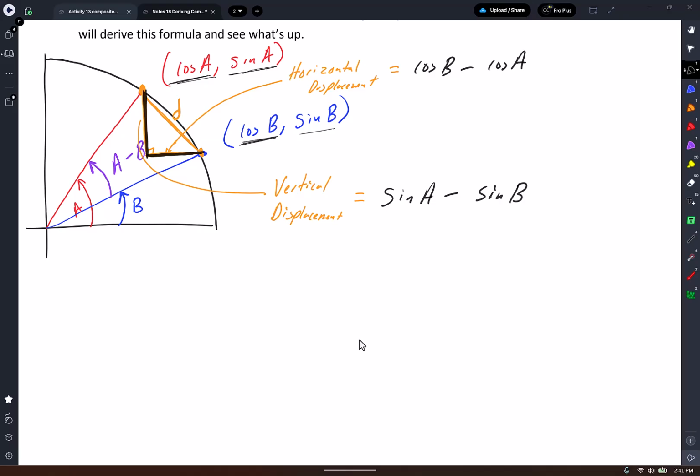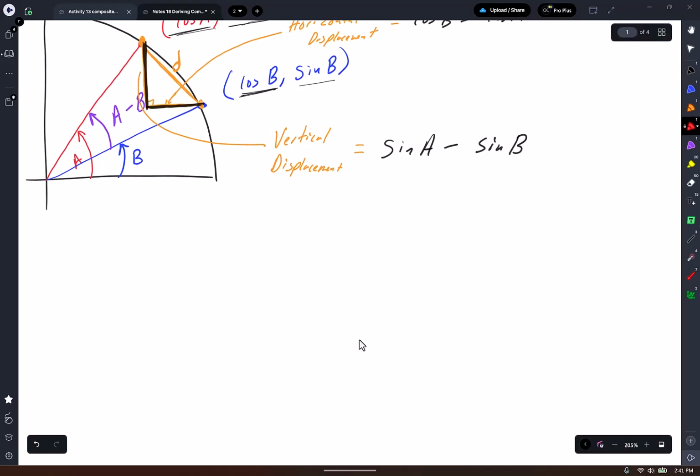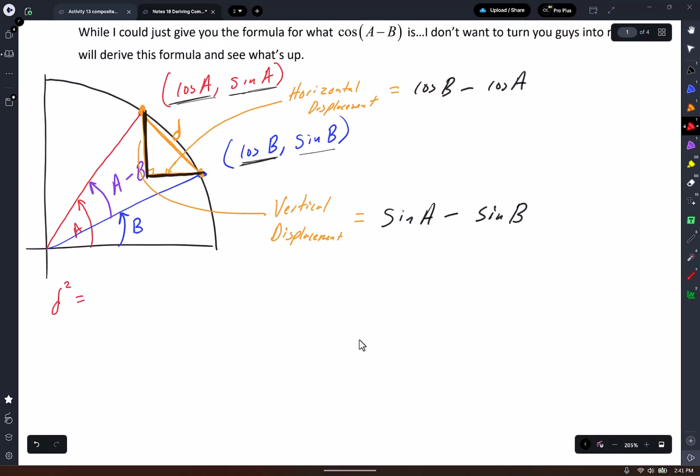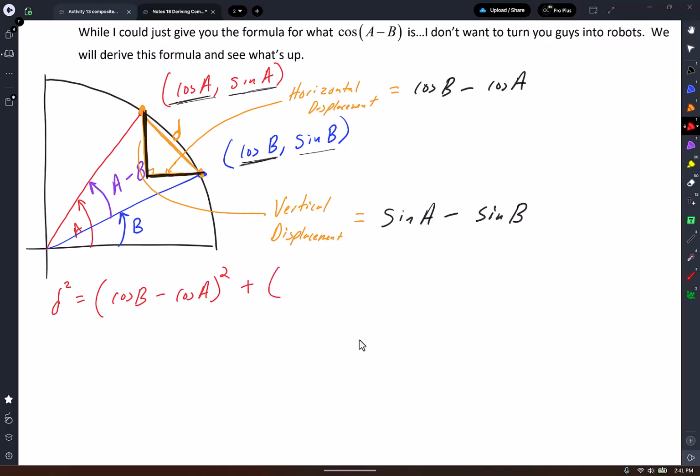Now, because I have a right triangle and I want to find the distance there, I can just use the Pythagorean theorem. A squared plus b squared equals c squared, or in this case, a squared plus b squared equals d squared if I call the hypotenuse d. So I can write it like this: d squared equals the horizontal displacement, so open parenthesis, cosine B minus cosine A, close it, squared, plus open parenthesis, my vertical displacement, sine A minus sine B, close it, squared.